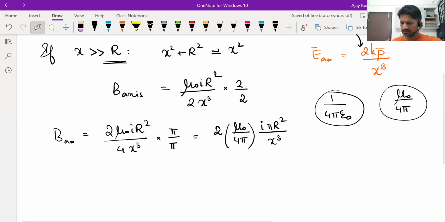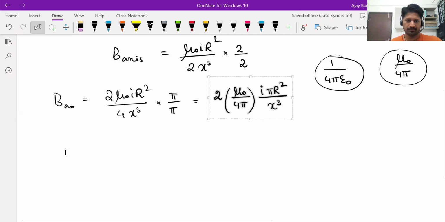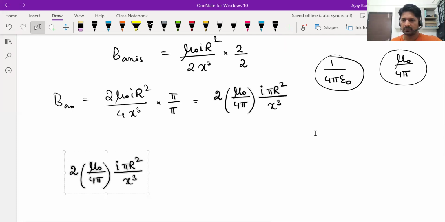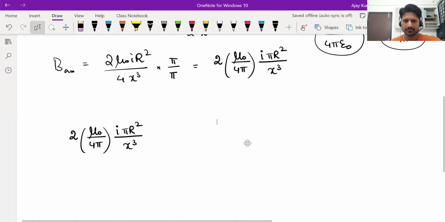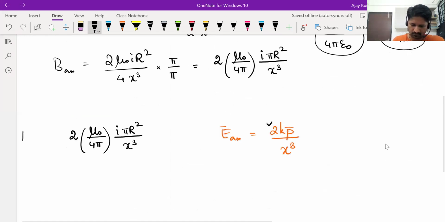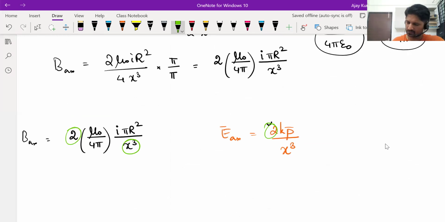So this is the formula for the field on the axis of a magnetic dipole, a circular coil. And the electric field formula was this. Now we have a 2 here, we have a 2 here. There's an x cube in the denominator, x cube in the denominator.